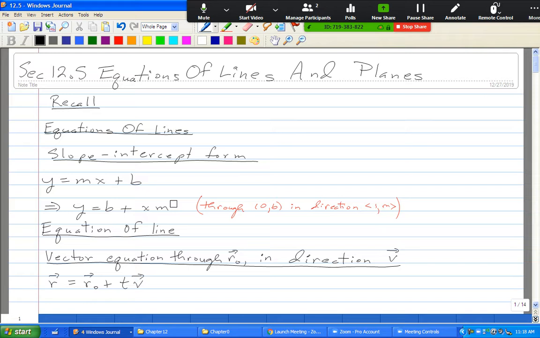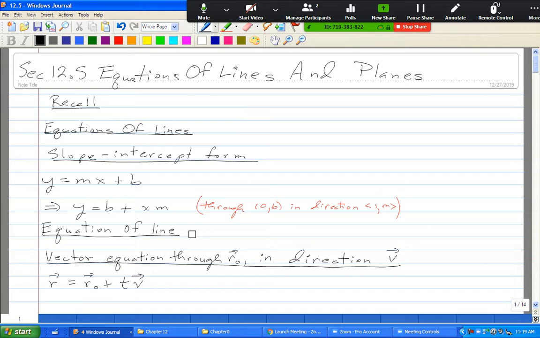So we can think of this as really being the equation of a line through the point (0, b) in the direction of the vector (1, m), meaning you go in the direction where if you move 1 in the positive x direction, you move m in the y direction, the slope.